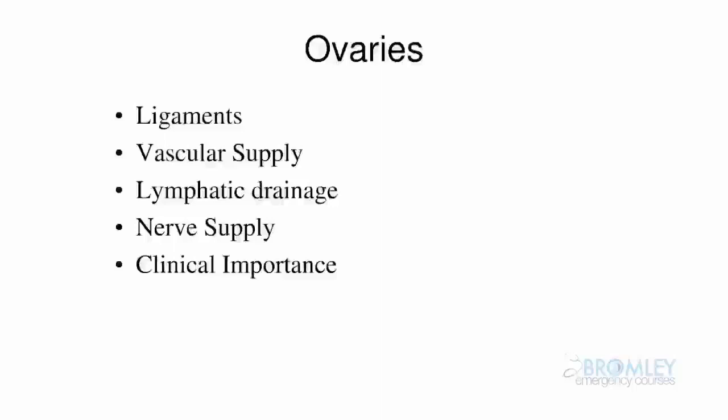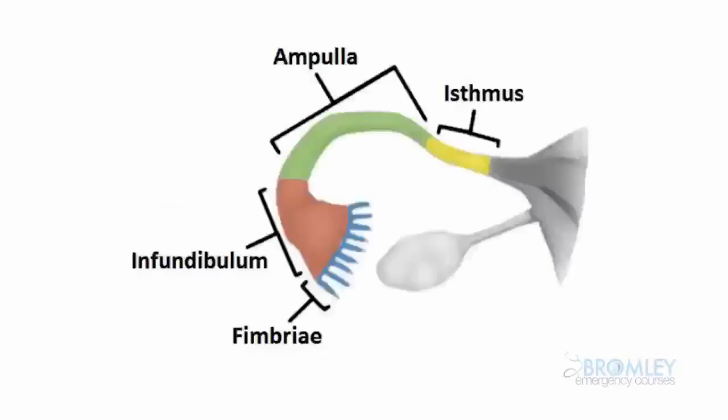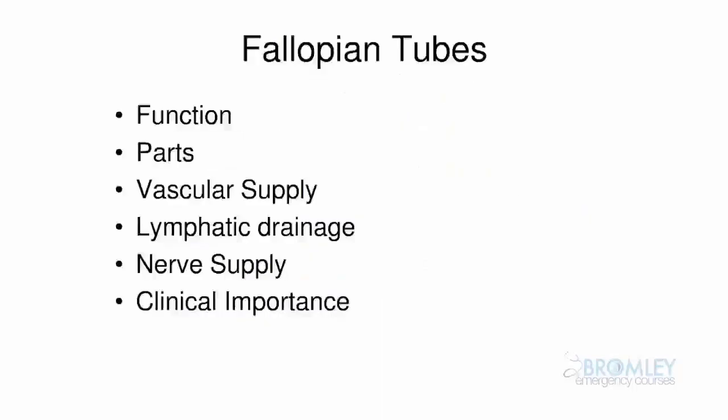Lymphatic drainage is via the sacral nodes, iliac nodes, and the aortic lymph nodes. The uterine tubes receive both parasympathetic and sympathetic innervation via nerve fibers from the ovarian and the uterine plexus. And the sensory fibers run from T11 to L1.